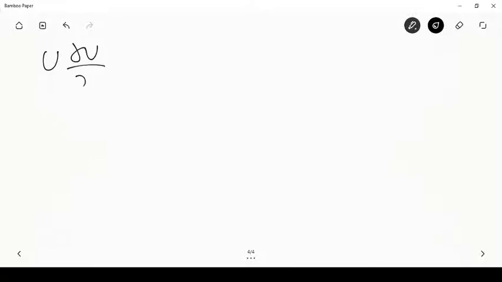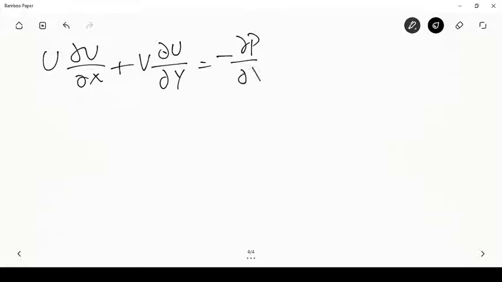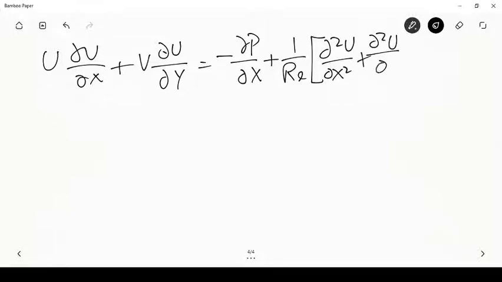The momentum equation basically says u del u by del x plus v del u by del y is equal to minus del p by del x plus 1 over Re multiplied by del squared u by del x squared plus del squared u by del y squared.